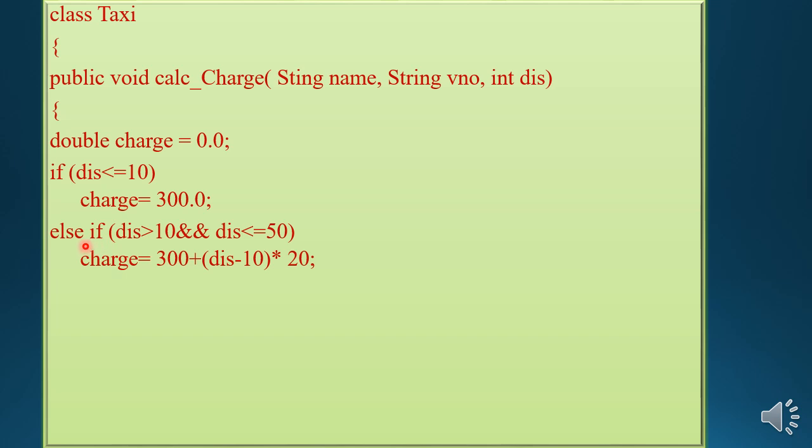Else if dis greater than 10 and dis less than or equal to 50, if the distance traveled lies in this range, the charge equals 300, the minimum charge, plus what is the distance exceeding 10? How will you find out? dis minus 10, dis minus 10 star 20.